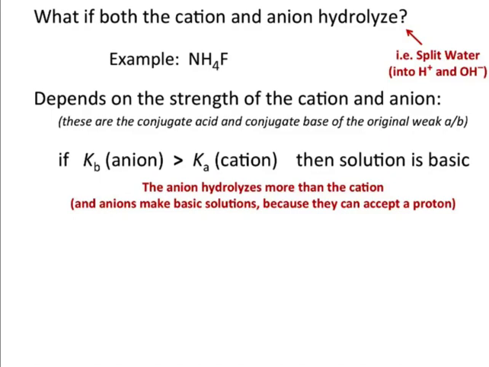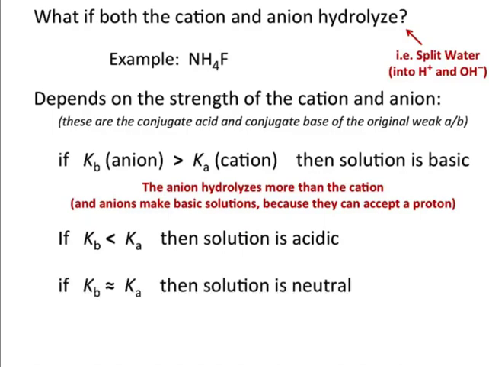Anions tend to form basic solutions because they can accept a proton pretty easily. The reverse is true. If you have Ka bigger, then your solution's acidic. And if they're about the same, then your solution's neutral. So let's use ammonium fluoride as our example. I'm going to do this math again, just to show you that you generally have to do this process when you're trying to figure this out.